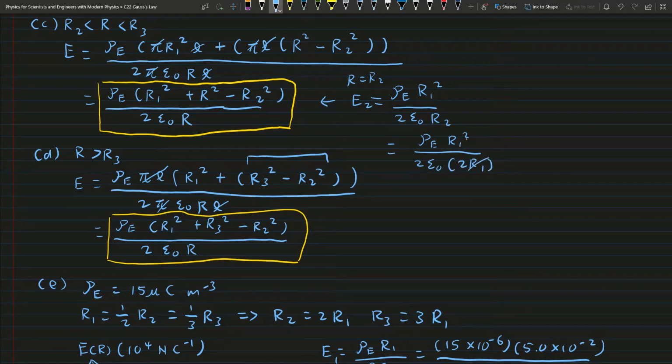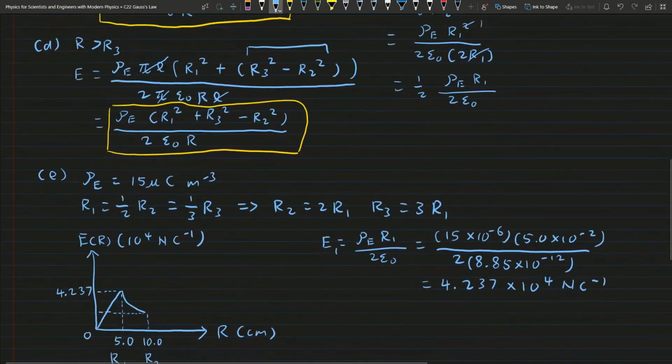Now we can simplify it. We get 1 over 2 rho E R1 over 2 epsilon naught. You can see actually the value here is the value we already calculated, which is equal to this E1.